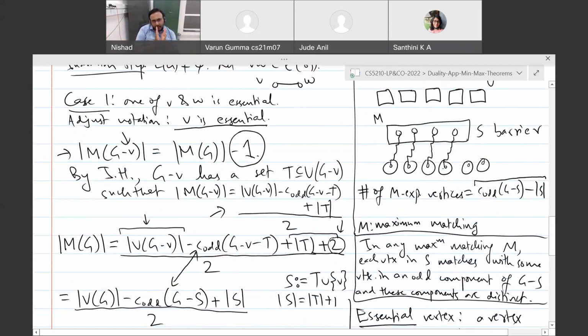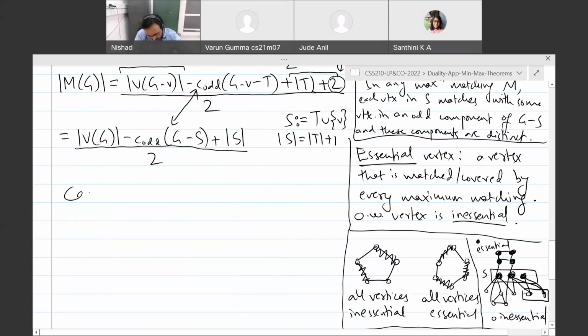So if this situation does not happen, that means that for the edge you have picked, both the vertices are inessential. And that is the case we need to deal with. Case 2 is that both V and W are inessential.